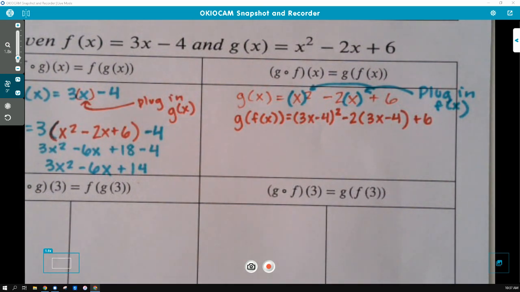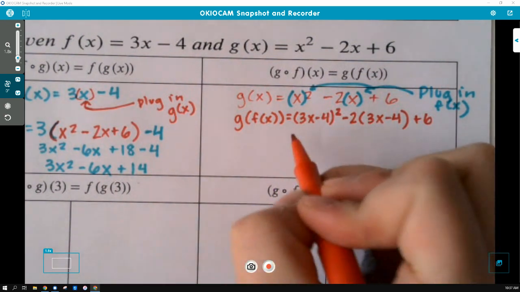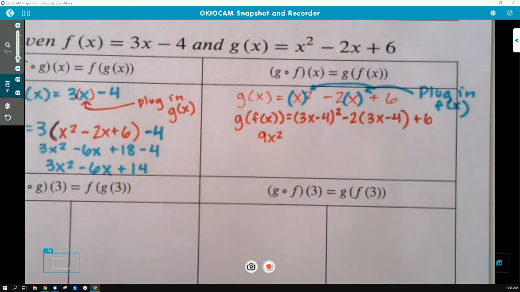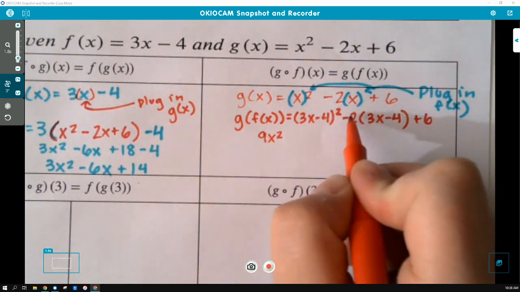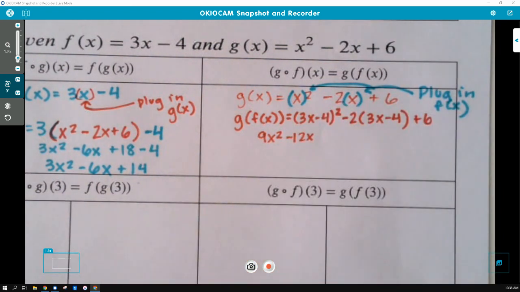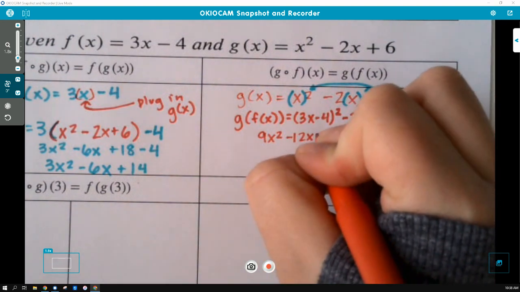Okay. For this one, we will have to FOIL out this 3x minus 4. So 3x times 3x is 9x squared. 3x times negative 4, that would be my outsides, is negative 12x. Negative 4 times 3x would be my insides, that would be negative 12x again.